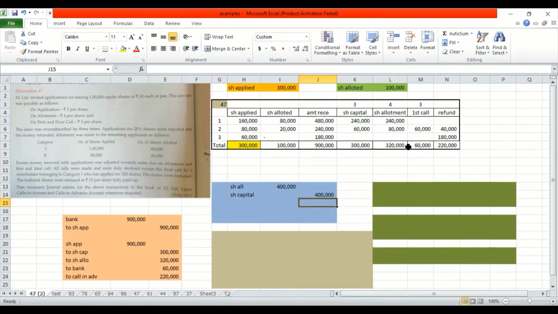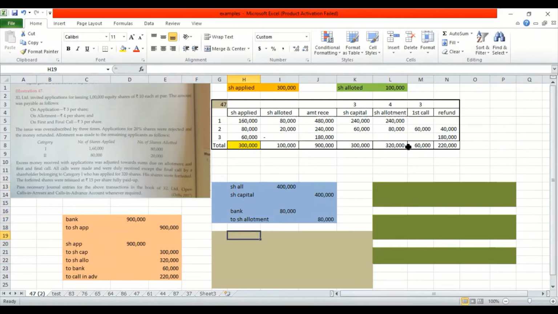So there is no call in arrears when we talk about allotment. Now importantly, don't forget that you had already received 3 lakh 20 at the time of application, those people will not pay you again. So your journal entry would be bank account debit 4 lakh minus 3 lakh 20 is 80,000 to share allotment 80,000. So that part is also done.